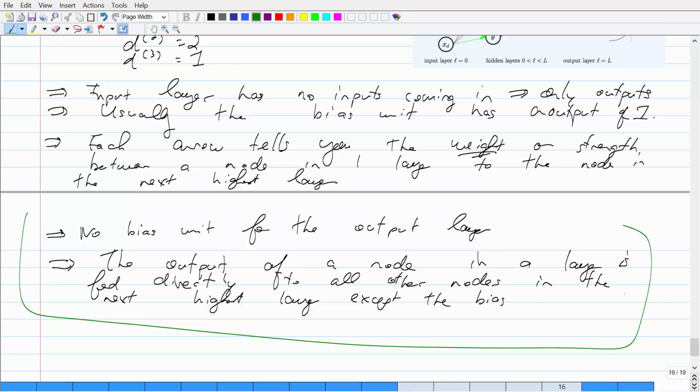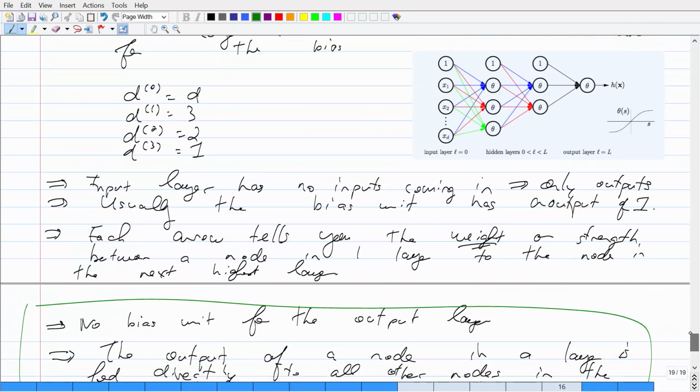If you take a look at the diagram, each output that a neuron has gets forwarded to every neuron in the next upper layer, except for the bias itself. For example, if we take this particular unit over here, you notice that it forwards its output to every single neuron in the next layer, except for the bias.